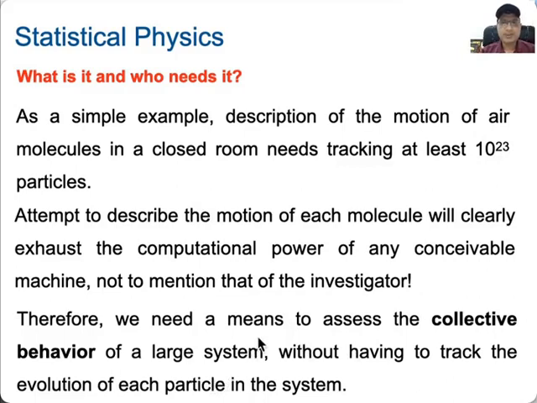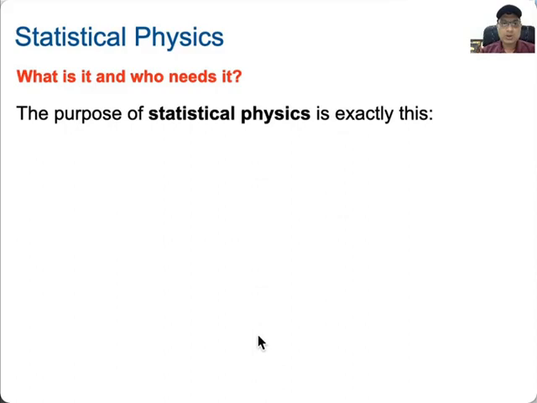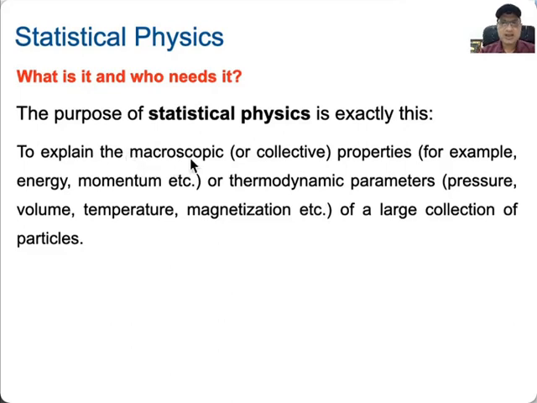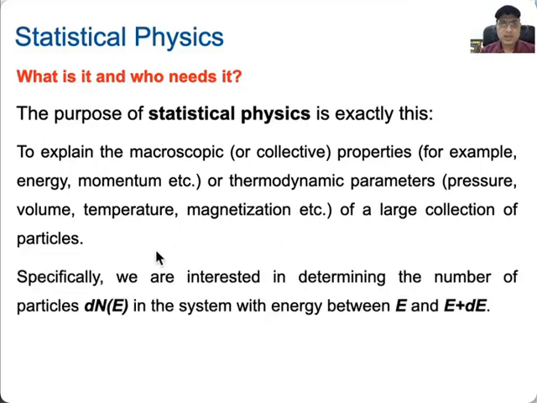So the purpose of statistical physics, and of this lecture and the coming few more lectures, is to explain the collective properties such as energy, momentum, or thermodynamic parameters such as pressure, volume, temperature, magnetization, etc. of a large collection of particles.